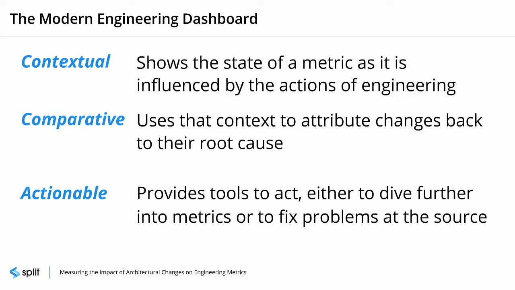It's able to use that context of what code changes are happening and attribute changes to metrics back to their root causes. This makes it really efficient to identify problems. It requires that massive amount of internal learnings and corporate knowledge that is typically required to efficiently debug issues when you see a metric move the wrong way.